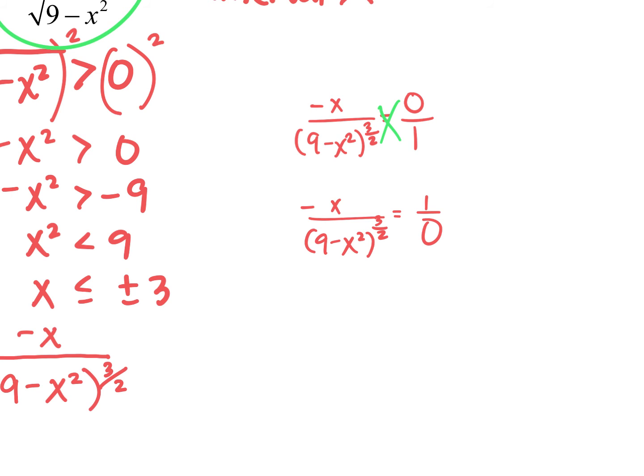When I do that, I get another critical point of x equals 0. And when I cross multiply the other way, I get plus or minus 3, which were the same critical ones I got before. So nothing new. The only new one I have is x equals 0.